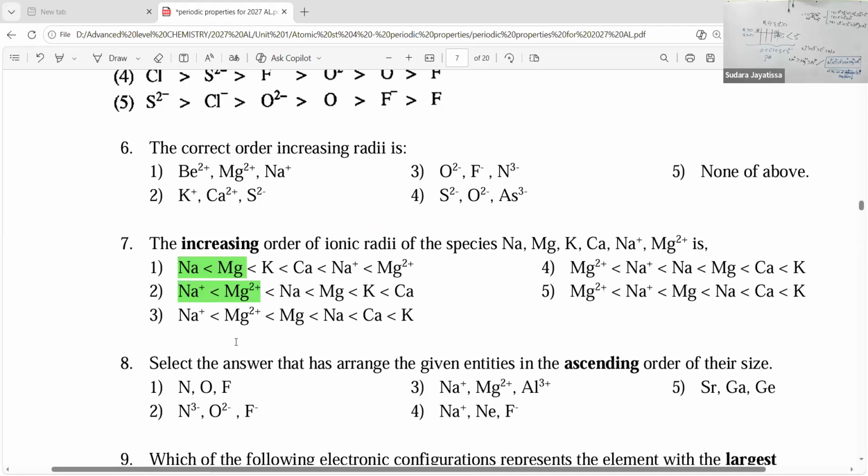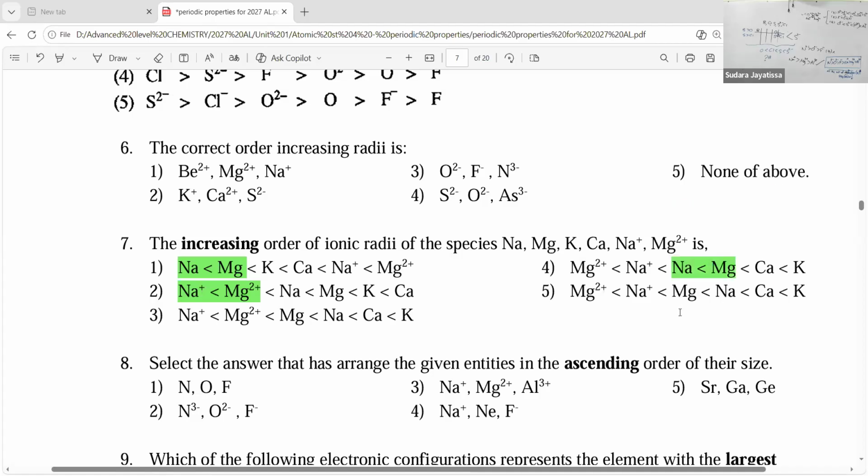Then if you go to the third answer, it is okay, right? Potassium, calcium, third answer. Calcium is larger. We'll see. We'll go to the next one. Fourth one says sodium plus is bigger, but fourth one says sodium is smaller than magnesium atom.